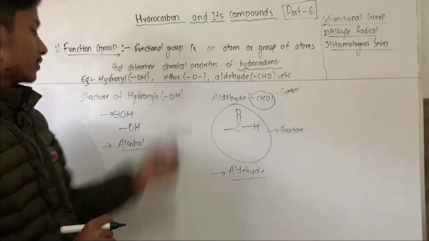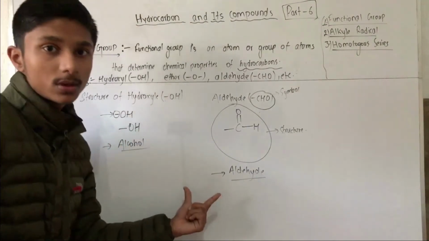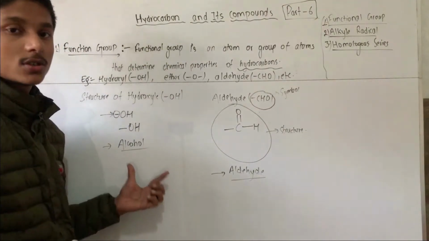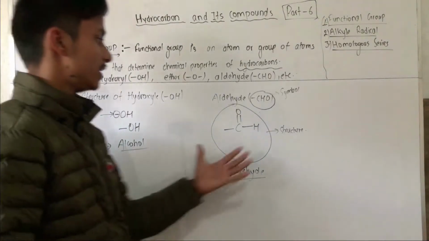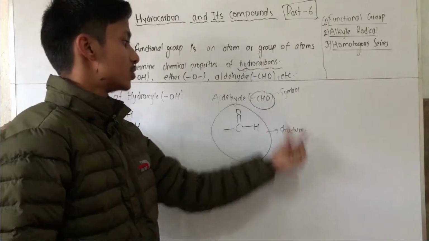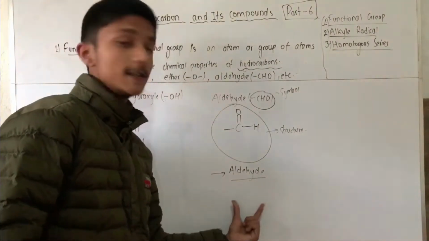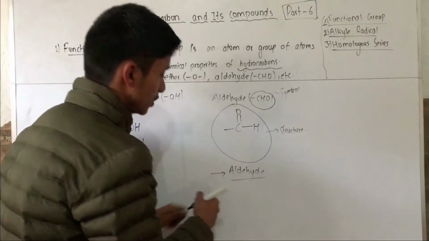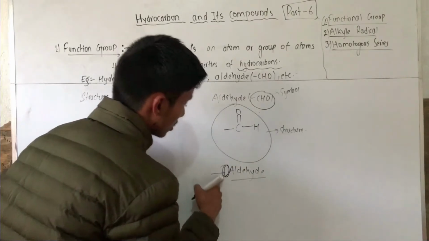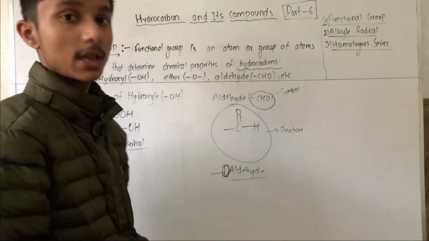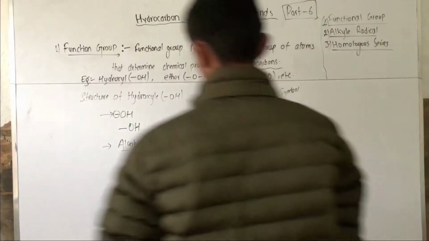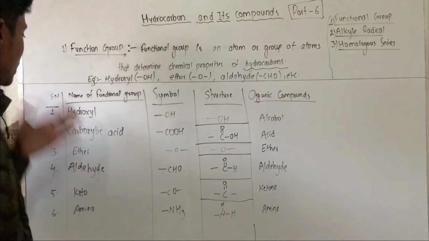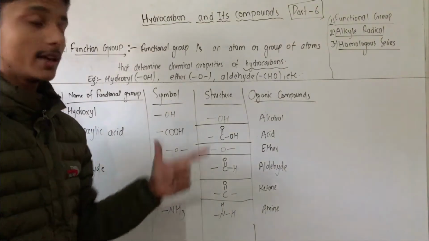In any hydrocarbon, if OH is joined there, then we know such a compound is alcohol. And if CHO is joined with that, then we understand that it is aldehyde. Before that we write many things here, such as formaldehyde, like that. Okay, and here I am going to draw it, and I will give you the chart. This is the chart that will help you.